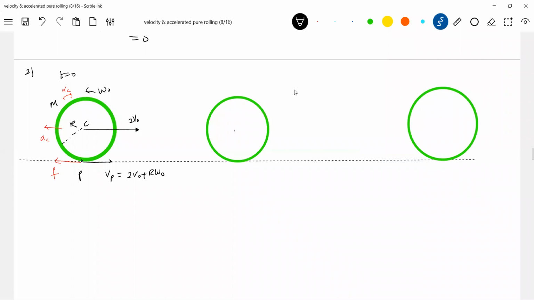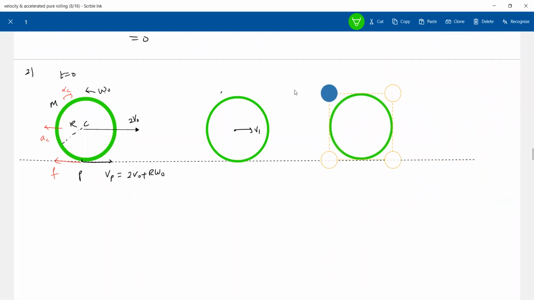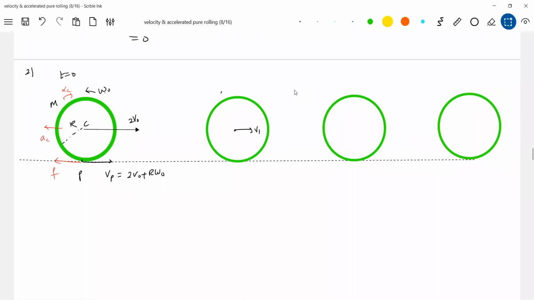Let's check one by one. So this will be velocity V1. I need more diagrams. So what will happen to this?